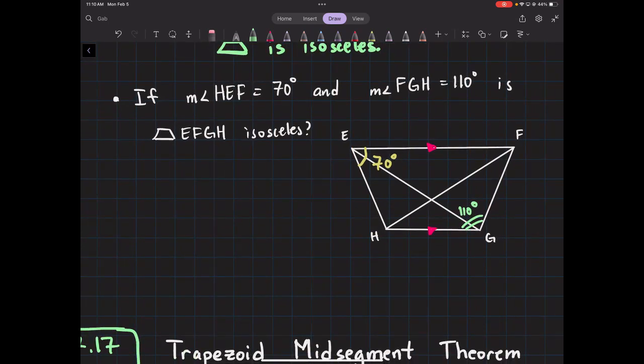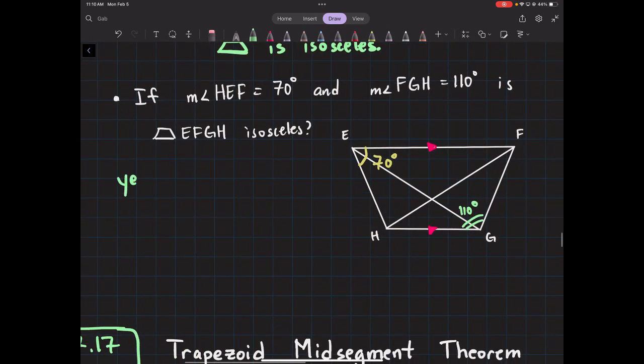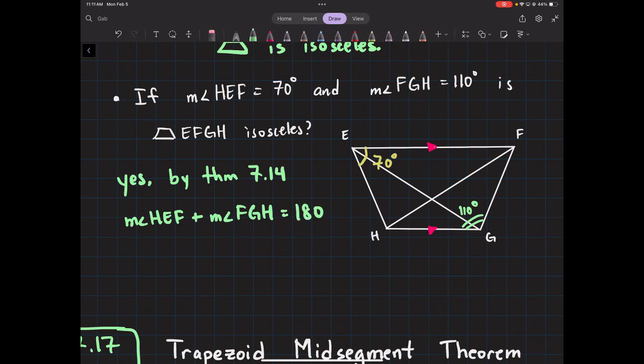So you'll see yes, by theorem 7.14, measure angle HEF plus measure angle FGH equals 180. This trapezoid is isosceles.